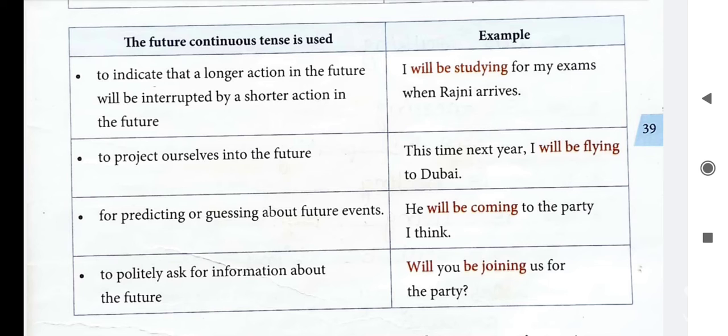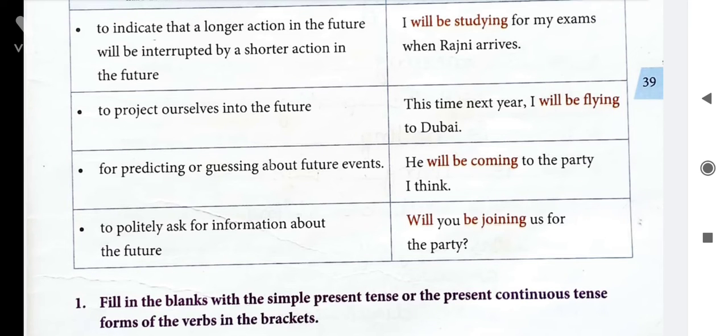So here a big action or event in the future is going to be interrupted by something small, like: I will be studying for my exam when Rajni arrives. Now you are not studying yet, but you are going to study. I will be studying for my exams when Rajni arrives.